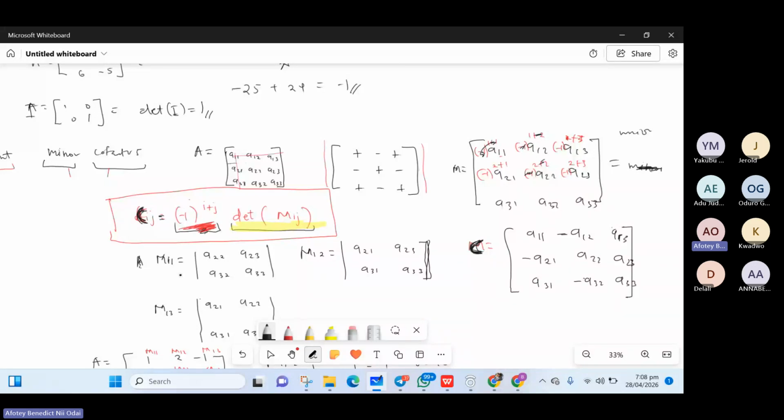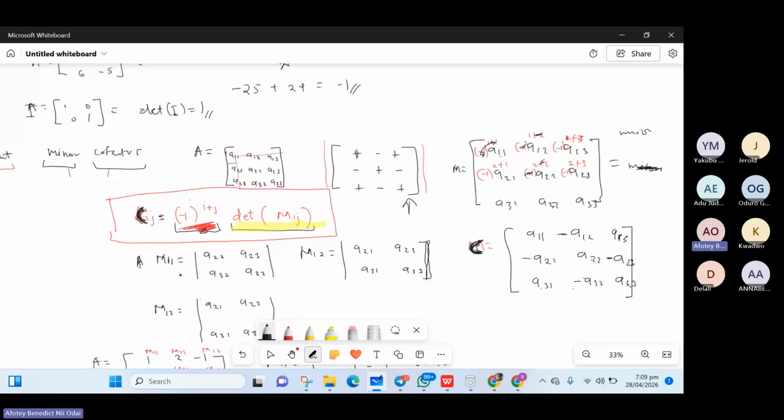This formula is the same as this matrix here that we are having. You just multiply it with positive and negative signs. We can see that this is positive, this is negated, this is positive, and in the next row we have negative, positive, negative, and again positive, negative, positive, because we are following this trend.